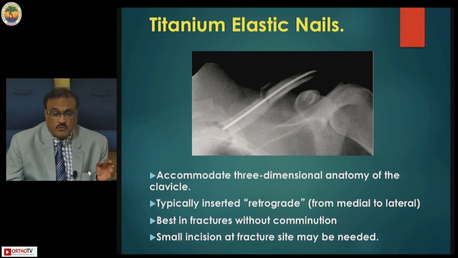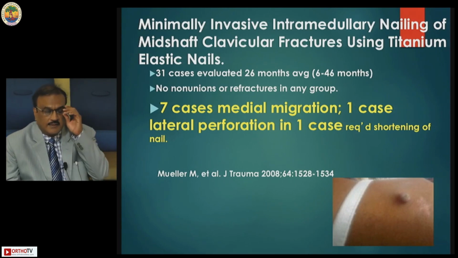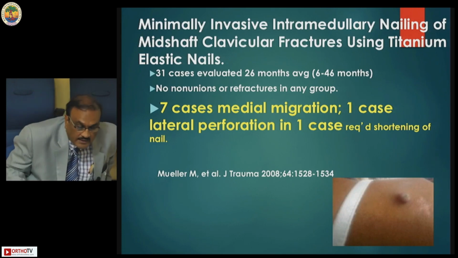So it is a very good method, but in minimally invasive nailing of a mid-shaft clavicular fracture, the literature reports that in a recent study of 31 cases, there were 7 cases of medial migration and 1 case of lateral migration, which necessitated early removal of the nail.